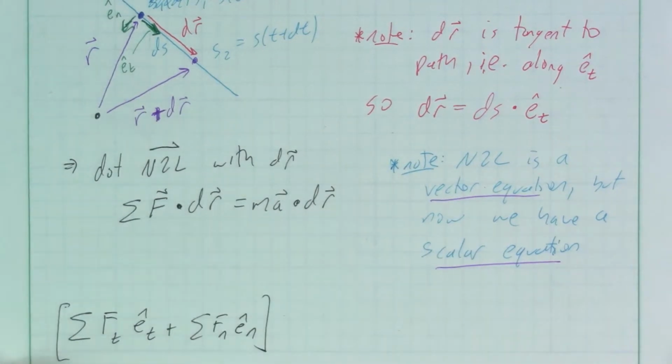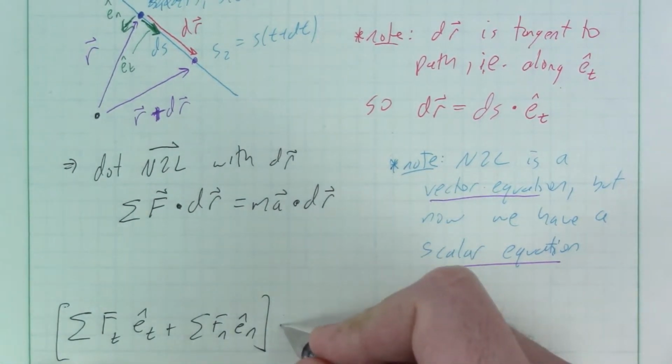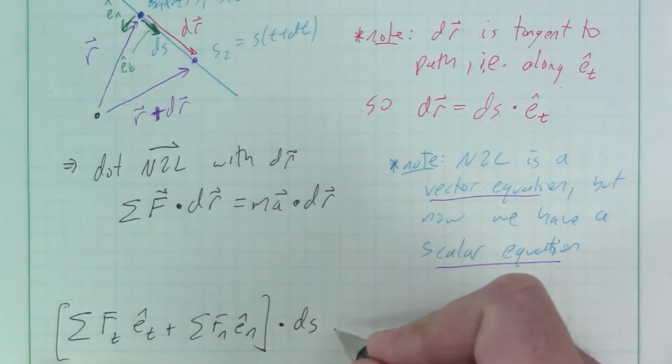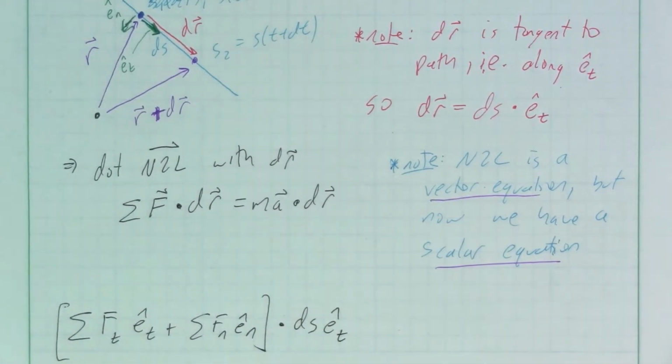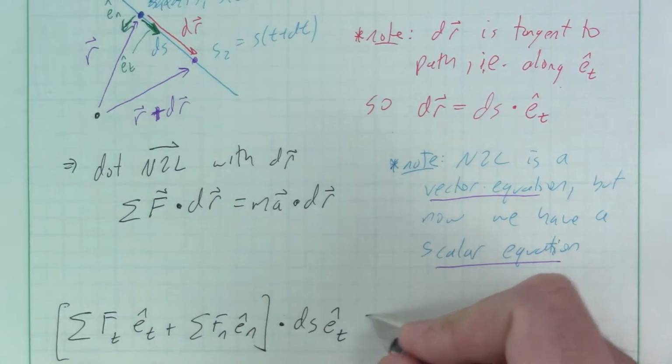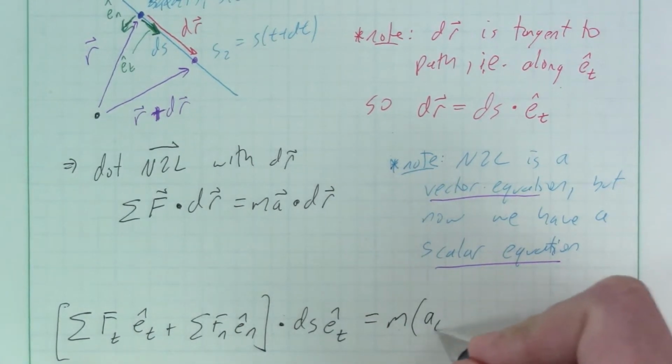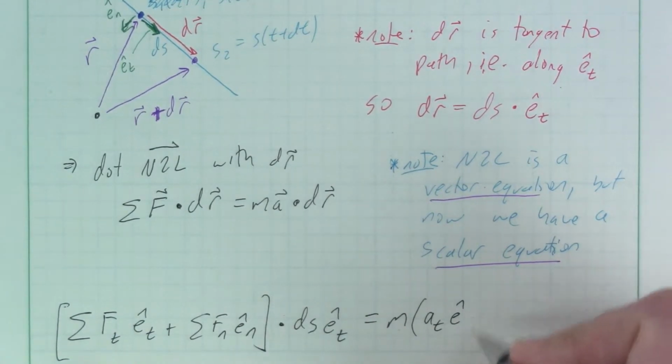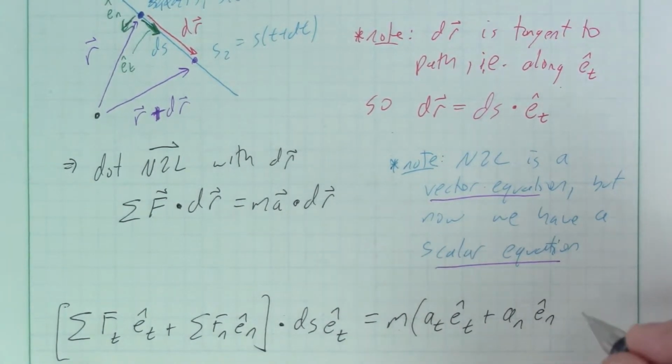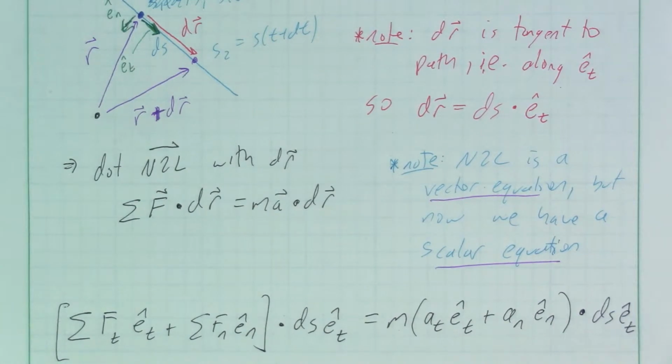That is the sum of the forces as a vector, dotted into ds e_t, and that equals mass times the tangential acceleration times the tangential unit vector, plus the normal acceleration times the normal unit vector. That is dotted into ds e_t. Okay, great.